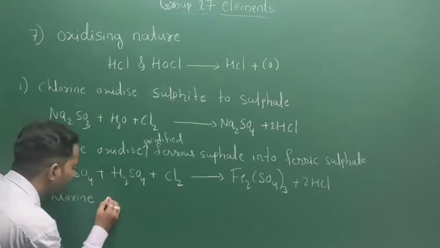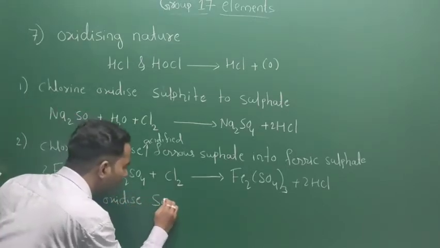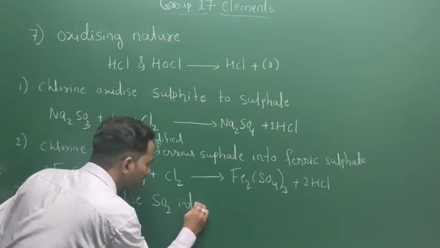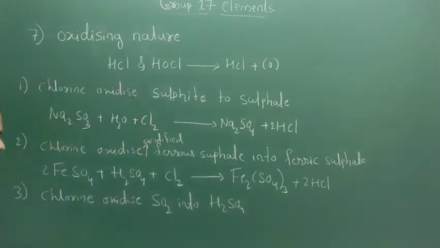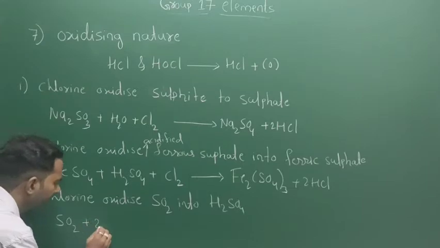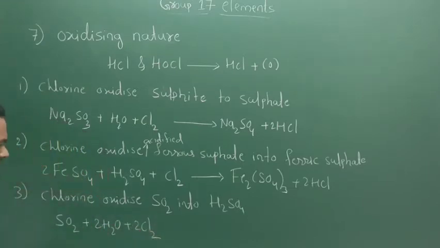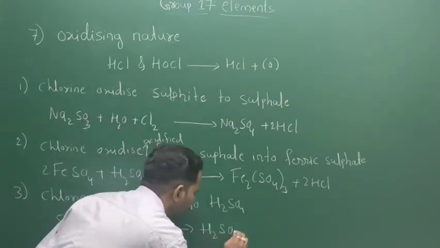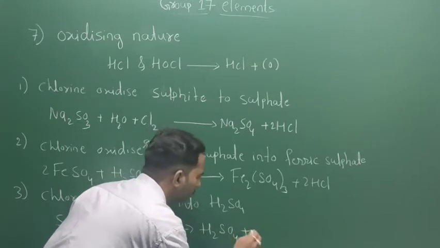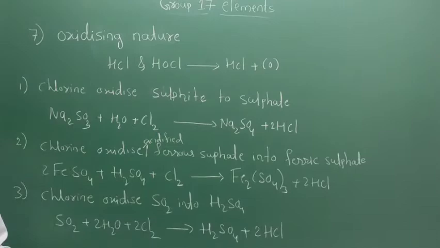Similarly, third one, chlorine oxidizes sulfur dioxide into sulfuric acid. So here sulfur dioxide is treated with chlorine, forming H2SO4 with 2 mole of HCl.